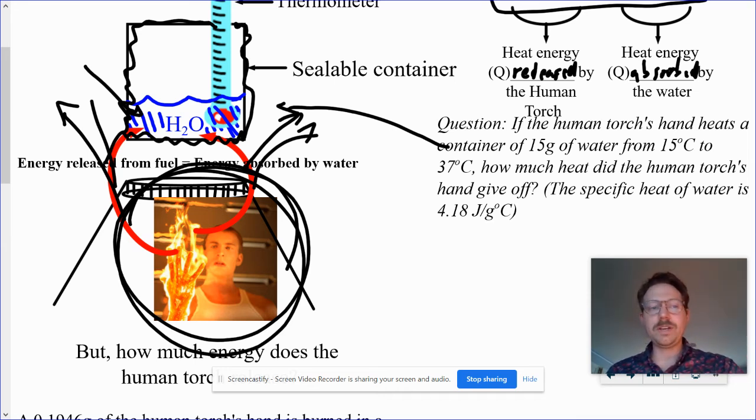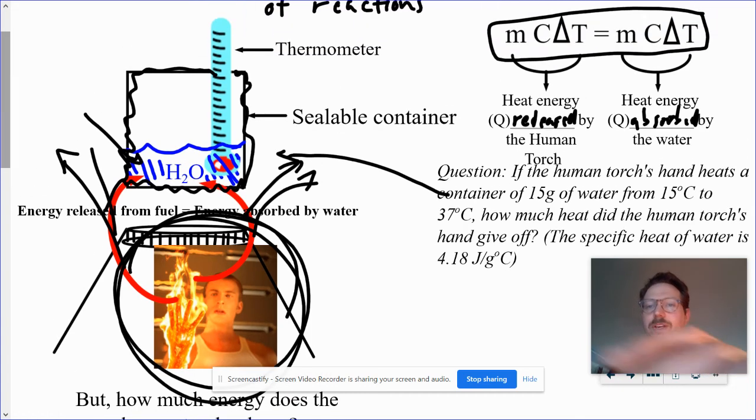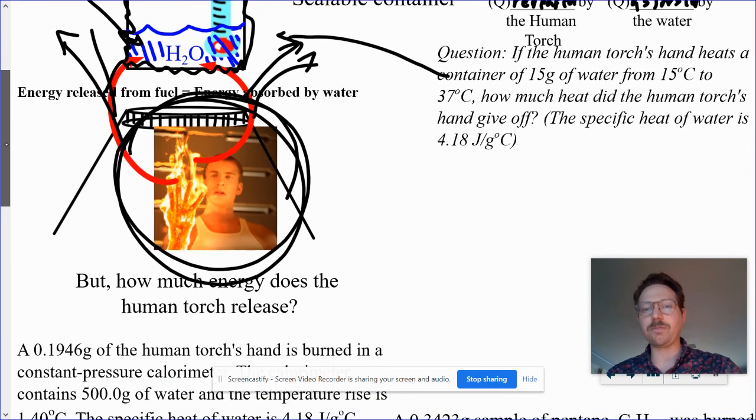What we can assume is, if all the heat that was given off by the human torch was absorbed by the water, then we can use these numbers in here and calculate how much heat was given off.